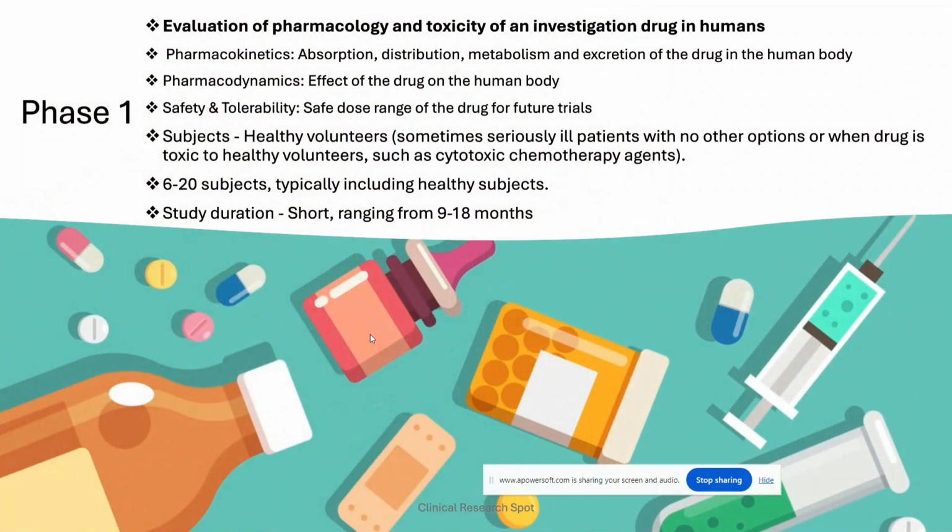So why are phase 1 trials conducted? It is to evaluate the pharmacology and toxicity of the drugs in humans. During phase 1 of the clinical trial, the investigators spend several months looking at the effects of the medication.